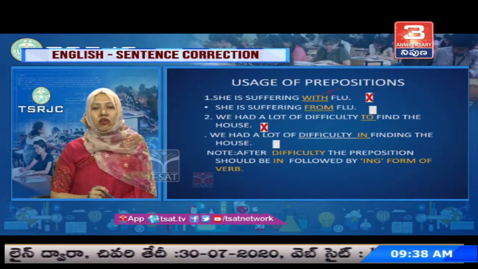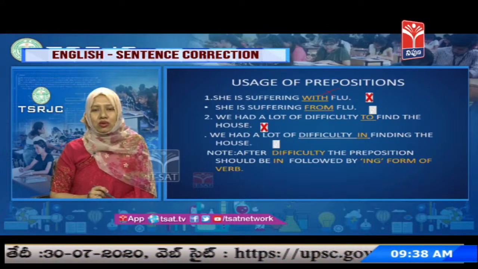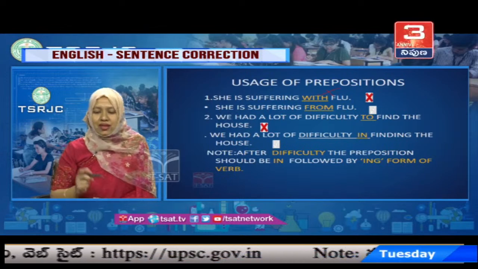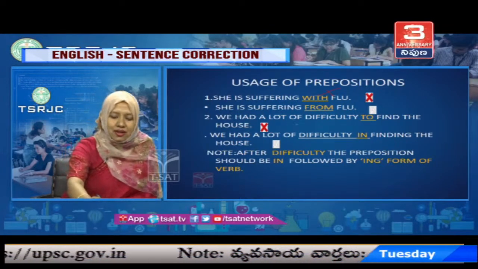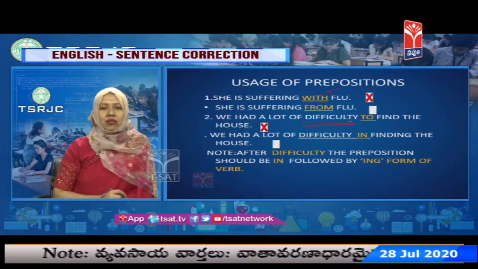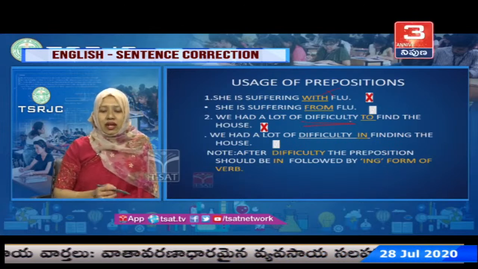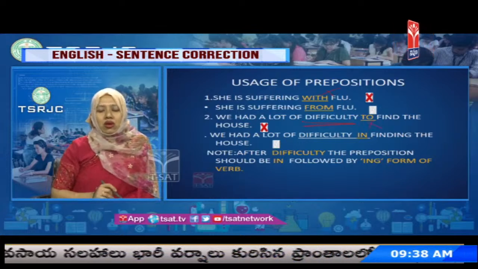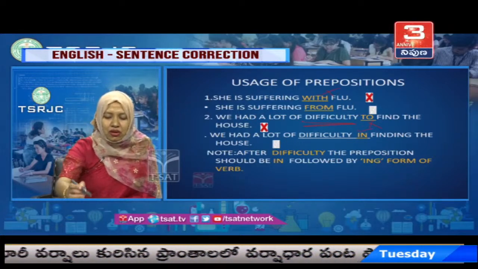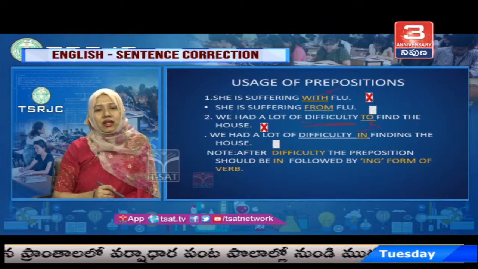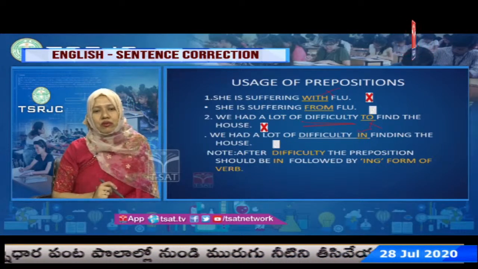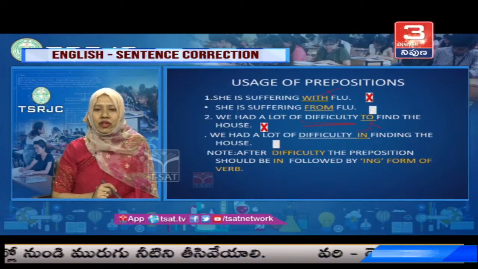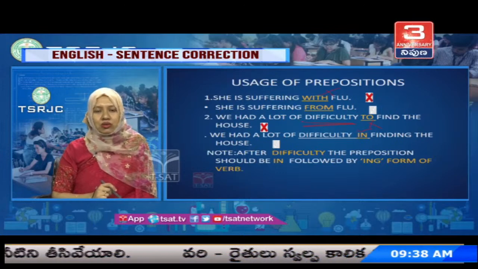We had a lot of difficulty to find the house. Now there is a tip here. Whenever there is the word difficulty in a sentence, after difficulty you should never use to. Always remember, along with difficulty you should use the preposition in. We had a lot of difficulty in finding the house.